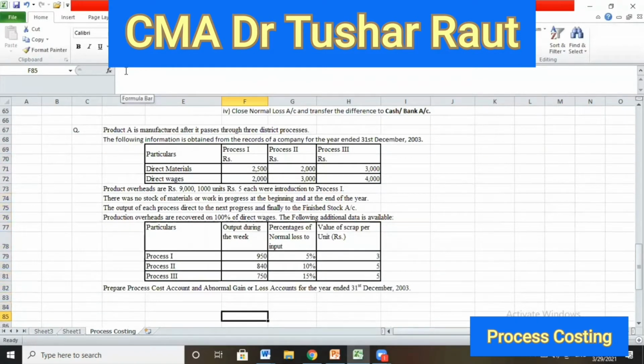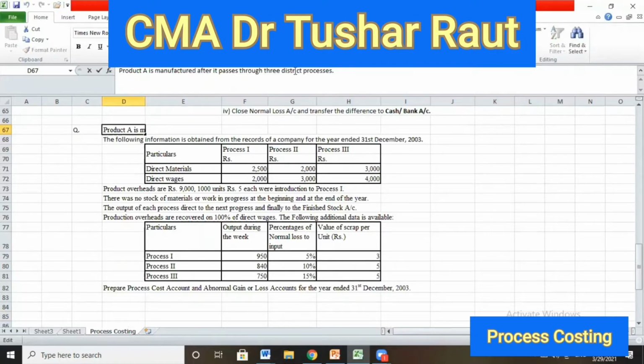I'm just reading and trying to explain the illustration first, then we'll solve it. Product A is manufactured after it passes through three distinct processes. The following information is obtained from the records of a company for the year ended 31st December 2003.